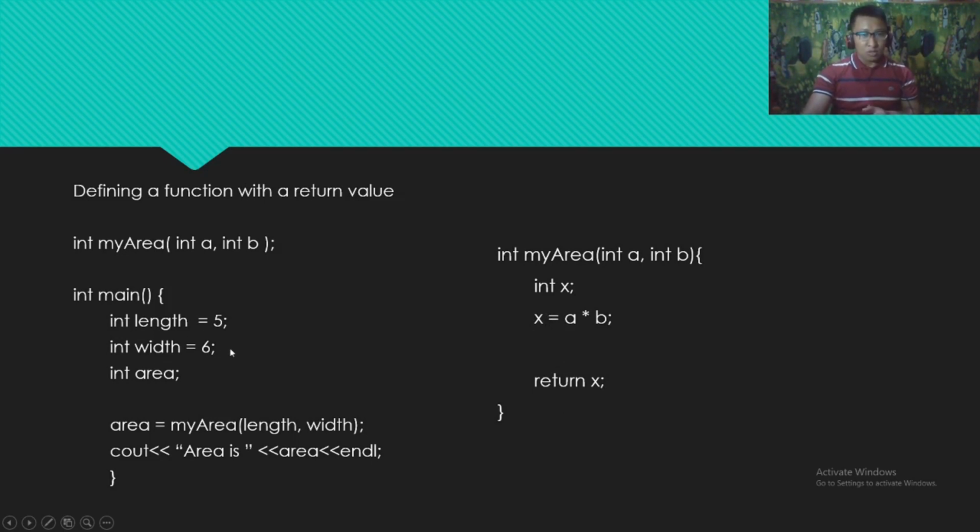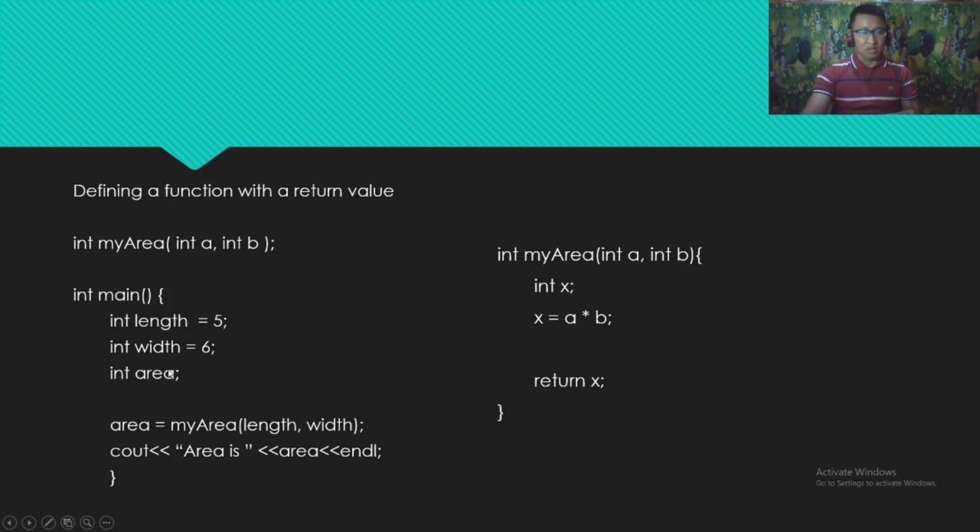So where did we store the 30? We are going to store the 30 here in the area. Automatically, your program will identify where you are going to store this return value. If you have a variable here, automatically that value will be transferred into this particular variable.